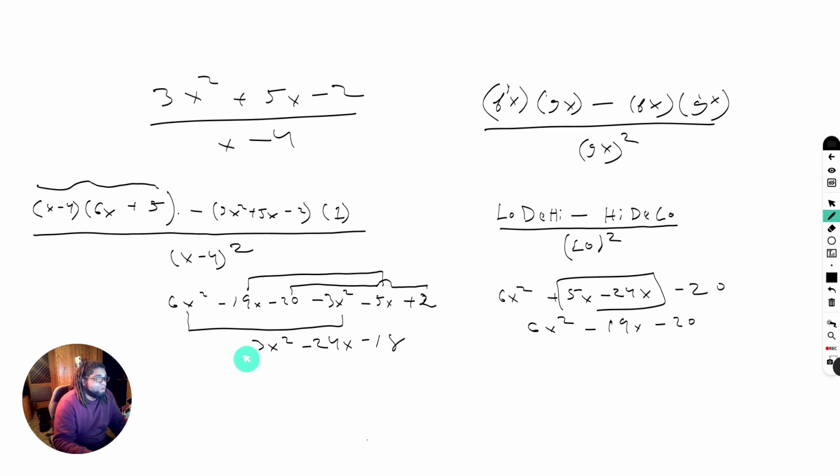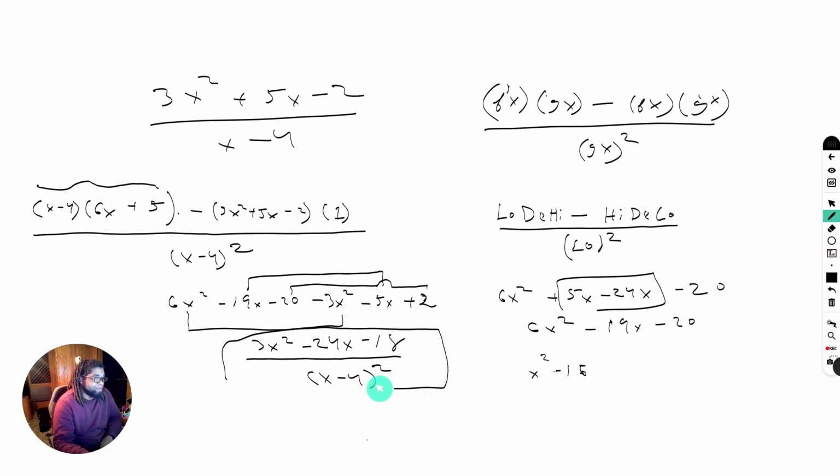Now the numerator is all simplified, and if we saw that there was a reason to simplify the denominator, we would do so. In this problem, we can see that this x minus 4 squared is just going to give us x squared minus 8x plus 16 if we factored it, which isn't going to simplify with any of these terms. So there's no reason for us to go any further. So this is our final answer.